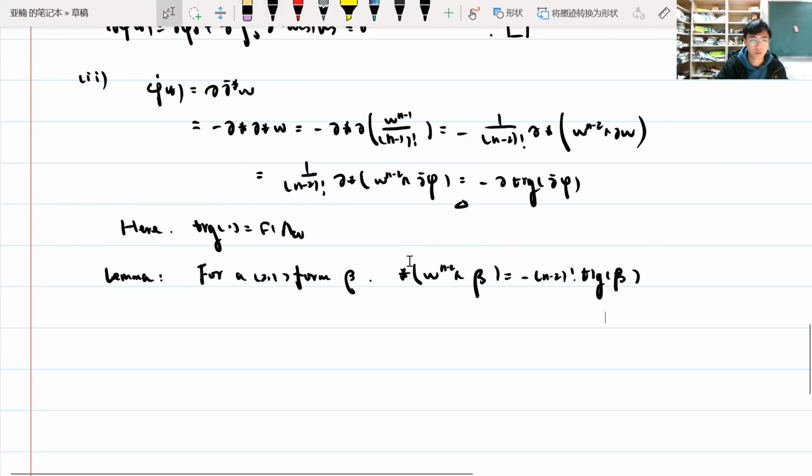This lemma can be proved by direct computation. And then now we have the evolution equation of the 2,0 part, and we can put them together.